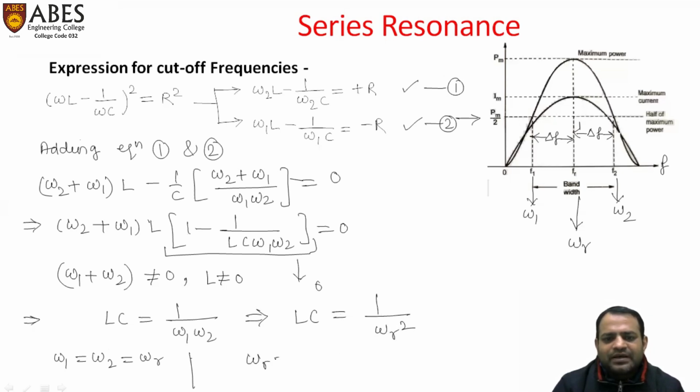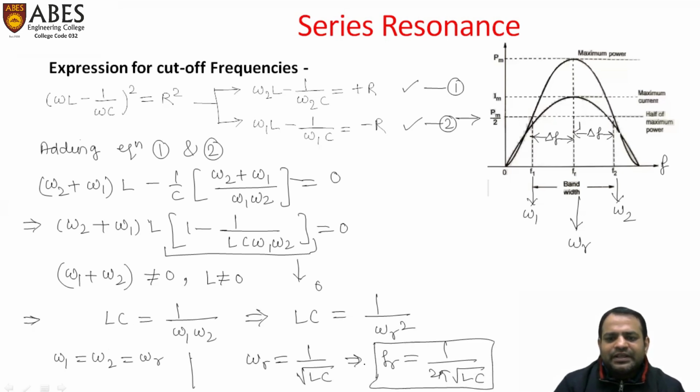So omega R is equal to 1 upon root LC, and correspondingly FR is equal to 1 upon 2 pi root LC. So this is our resonant frequency expression by taking angular cutoff frequencies omega 1 and omega 2.